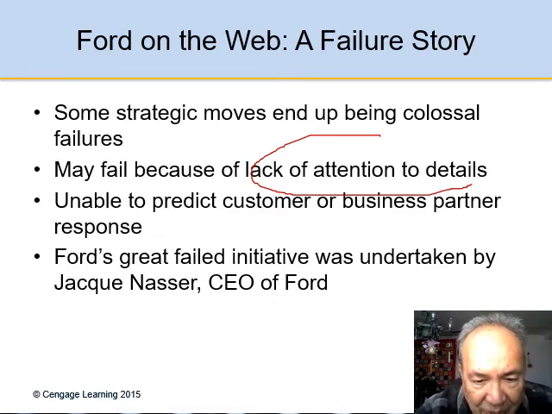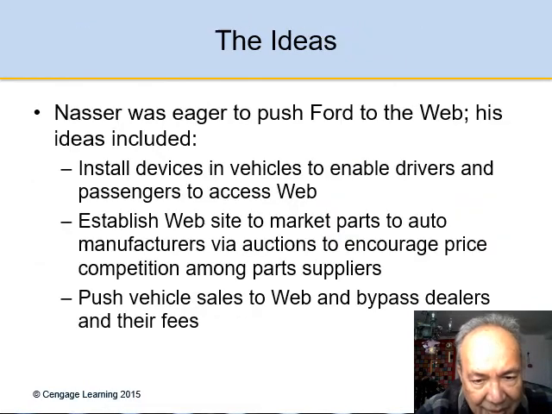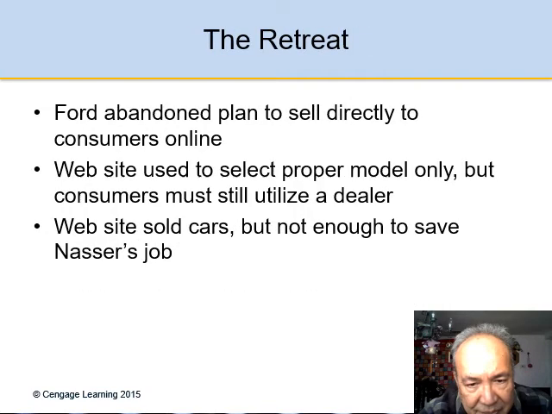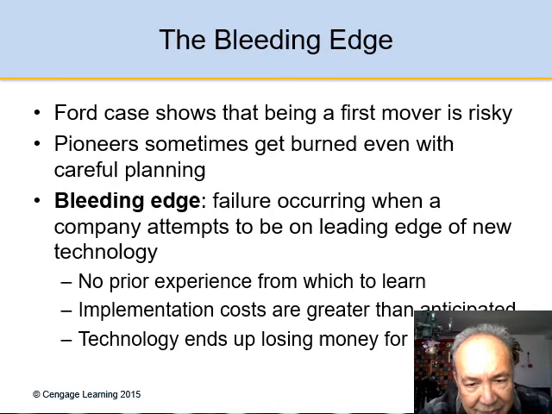Ford's great failure initiative was undertaken by Jac Nasser, CEO of Ford. These are the ideas of Nasser, okay, which ended up as a total failure.